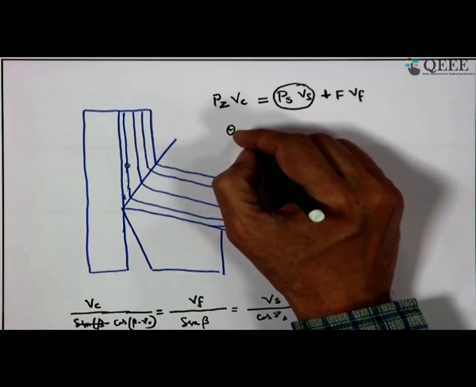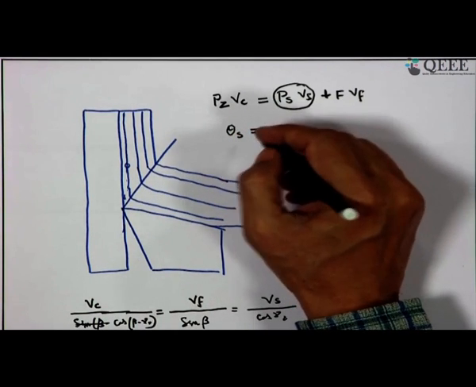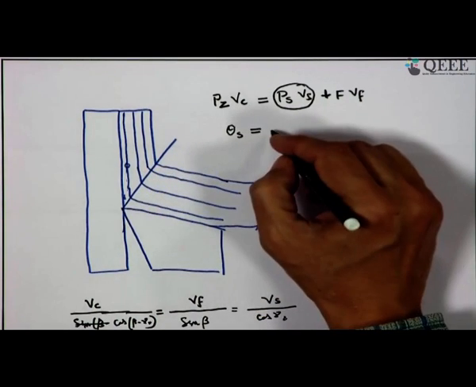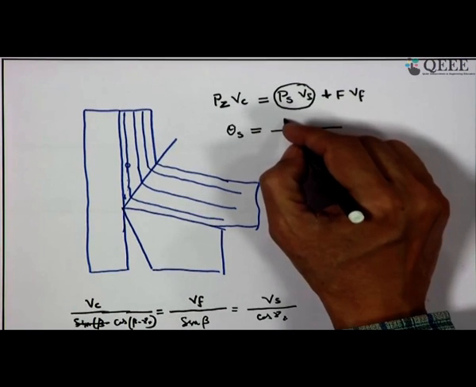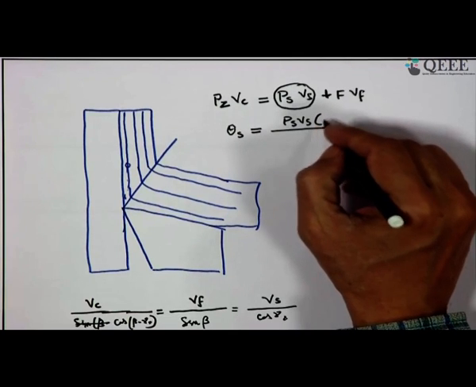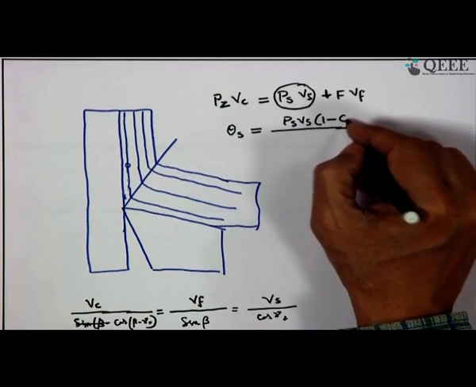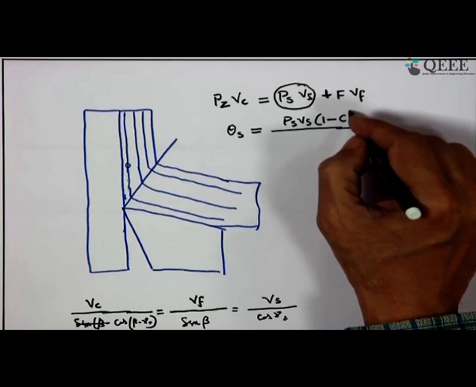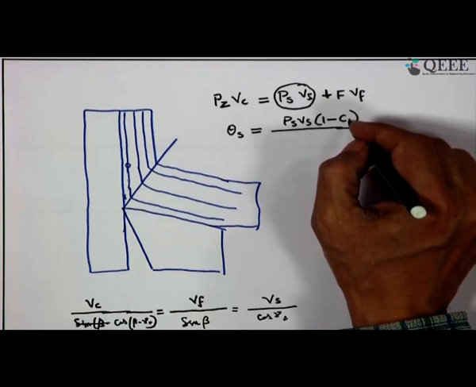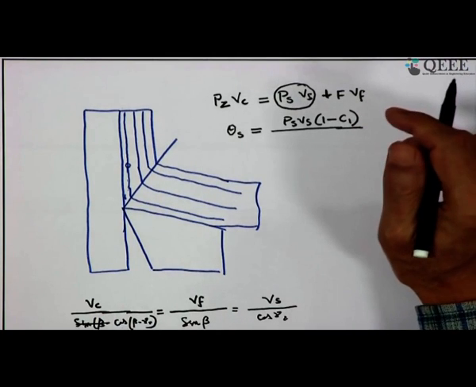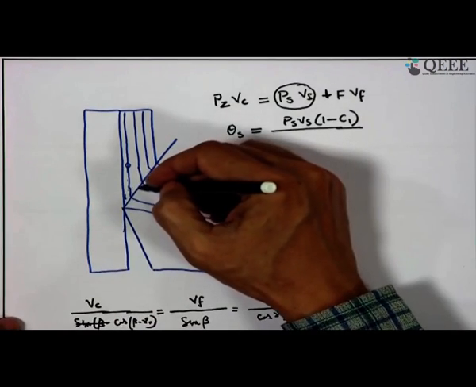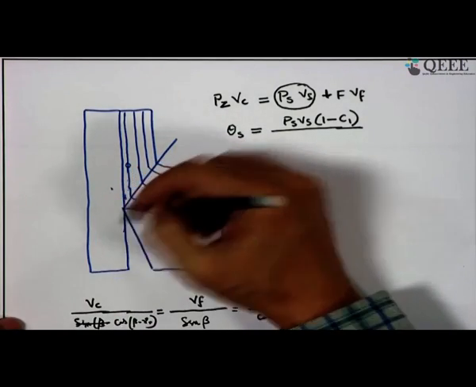So, I simply consider the rise of temperature of the material which is just crossing this shear zone, and it will be Ps into Vs. However, friend, here we have to put one constant. That constant means it takes care of the heat flux, which again flows back to this main material, that means on the machine surface.